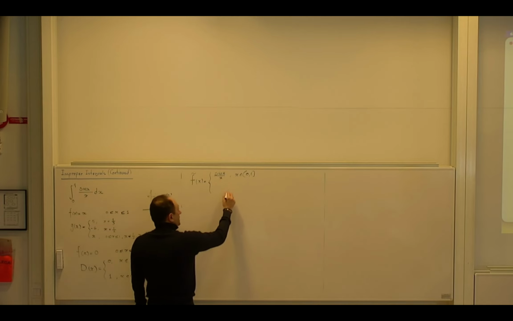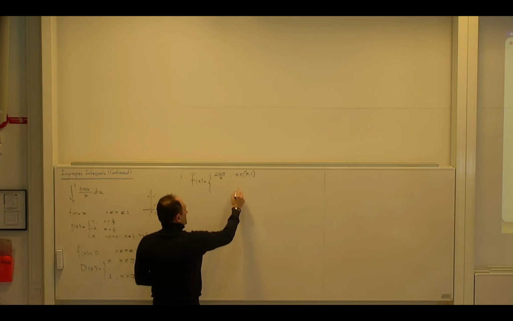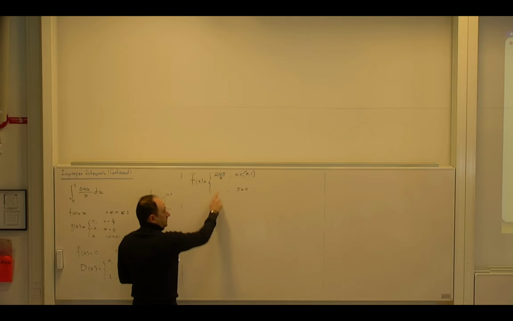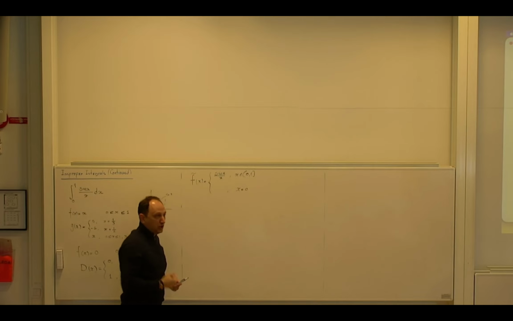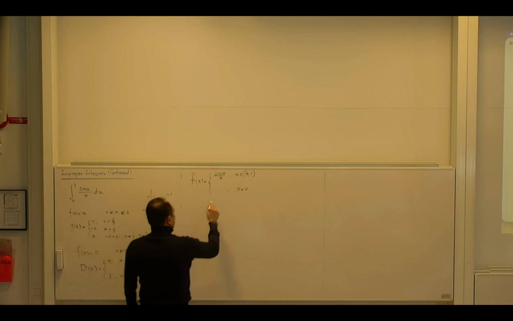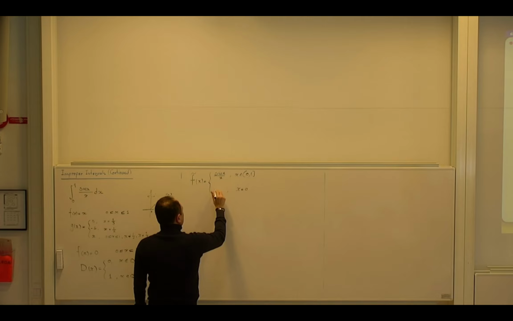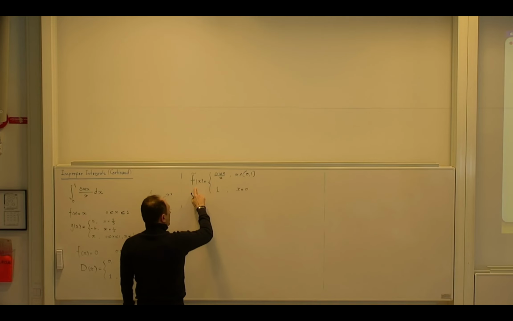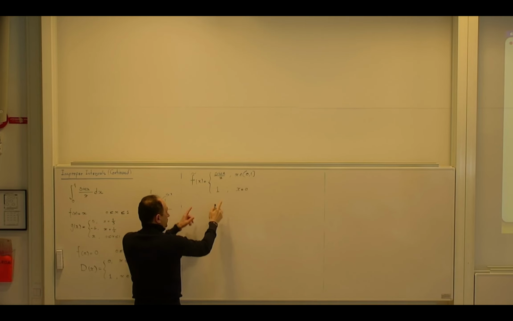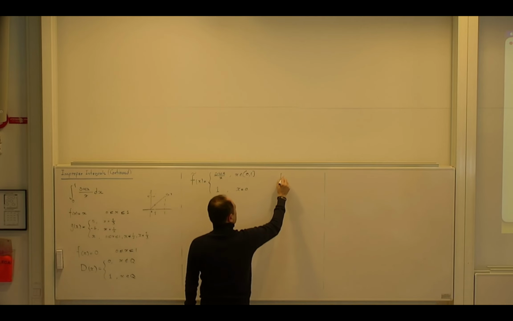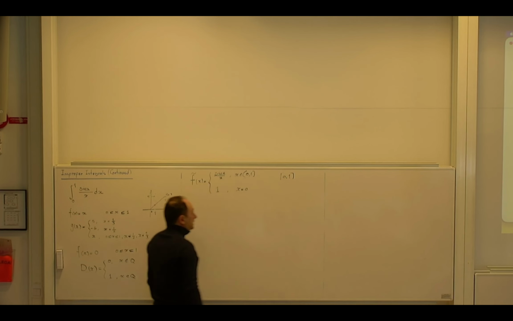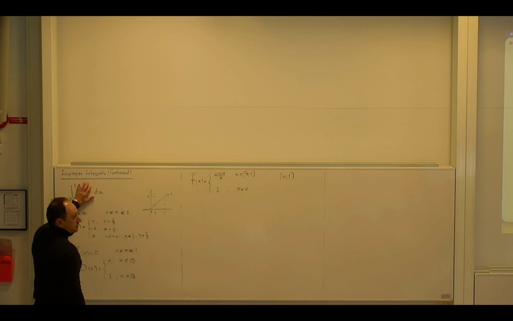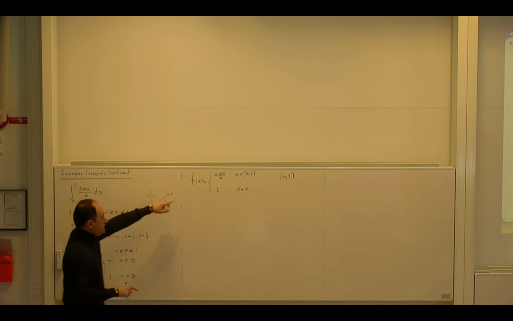But I will define it for 0 in a way that the whole function becomes integrable. For example, I can write 1 here. Then the function that I have defined for you on the closed interval 0 to 1 is not this function, because this function is not defined at 0, but my function is also defined at 0.